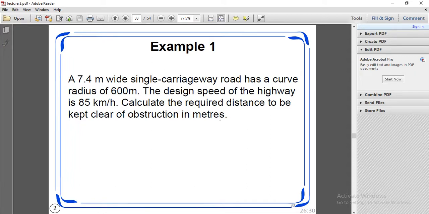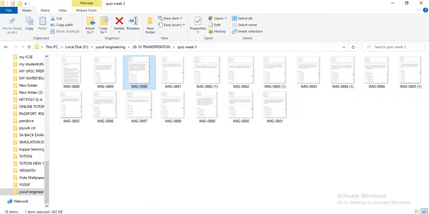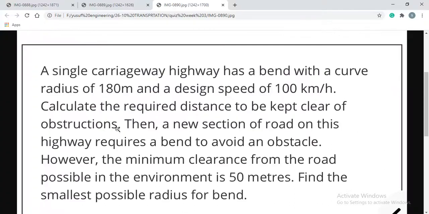Calculate the required distance to be kept clear of obstruction in meter. Then after that some other thing is there.